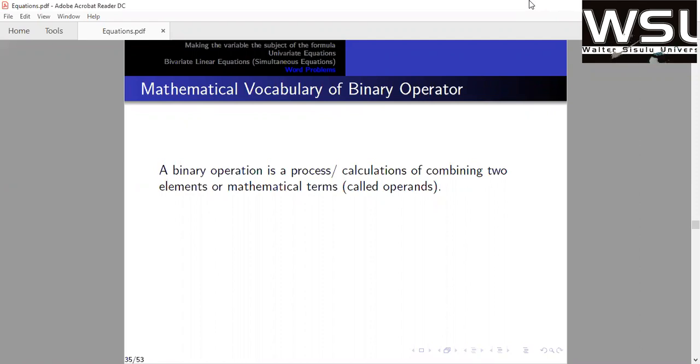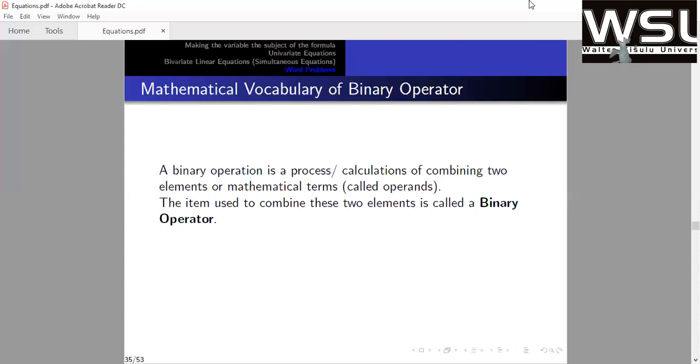Now, a binary process, or should I say a binary operation, as given in the statement, is a process or calculation of combining two elements. And the items that are used to make these binary operations are called binary operators.